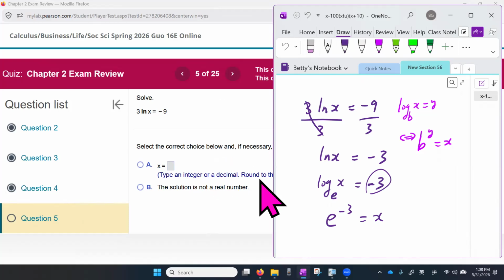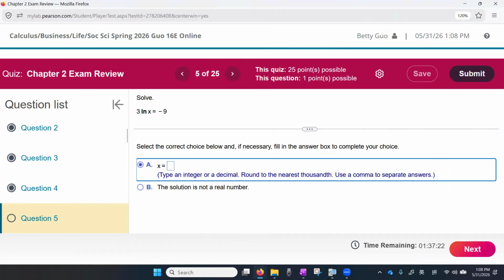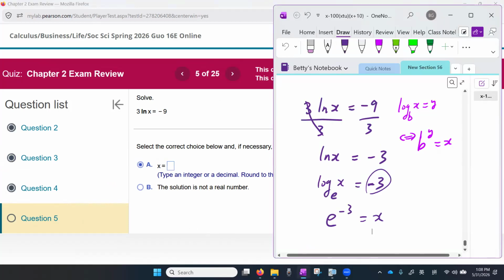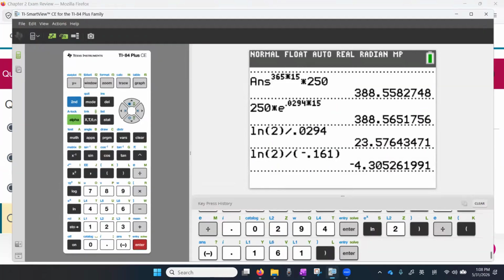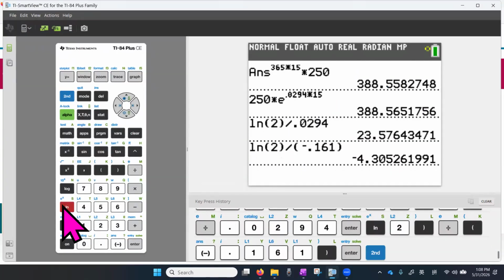Okay. This one asks to keep 3 decimal places. So we're going to have to use a calculator to evaluate e to the power of -3. E to the power of -3. Again, use this key for negative sign.